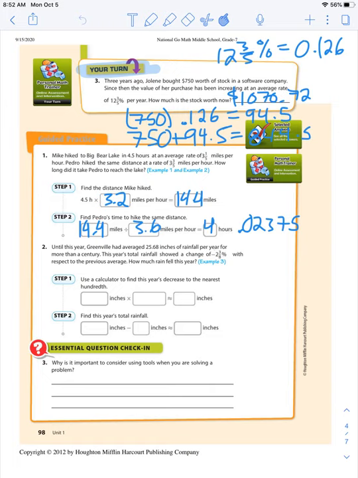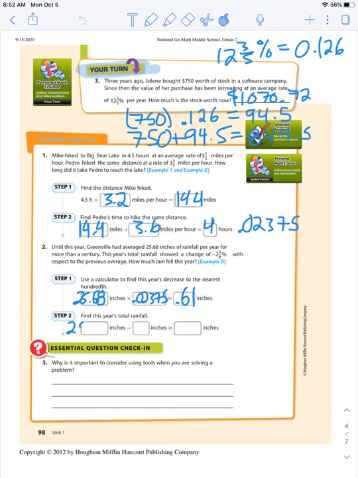So last year's average was 25.68, and we're going to multiply that by 0.02375, which is 0.61 inches. I'm rounding. So it's 0.61 inches different. Now we're going to subtract it.